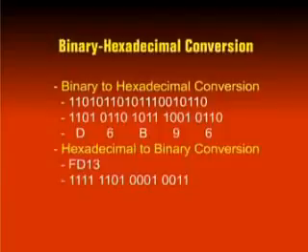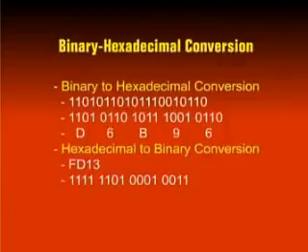So considering the binary number 110, 101, 101, 011, 100, 101, 10, it is broken up into 5 groups of 4 binary bits. The conversion is very simple.